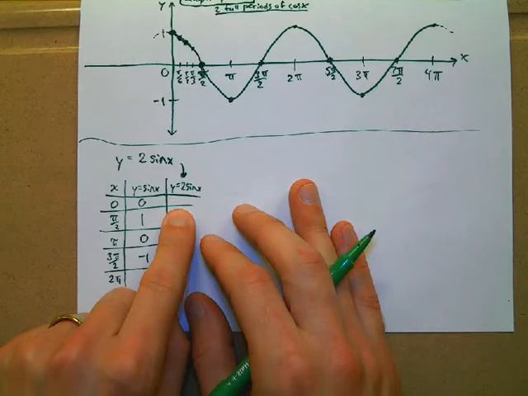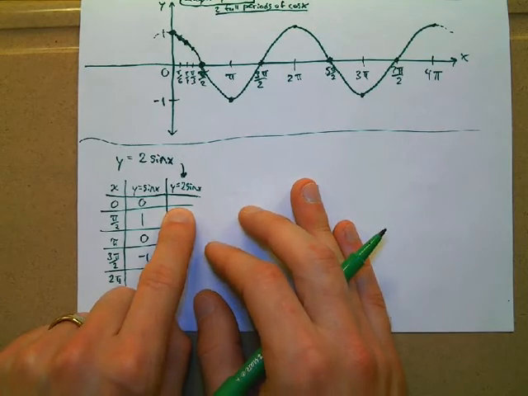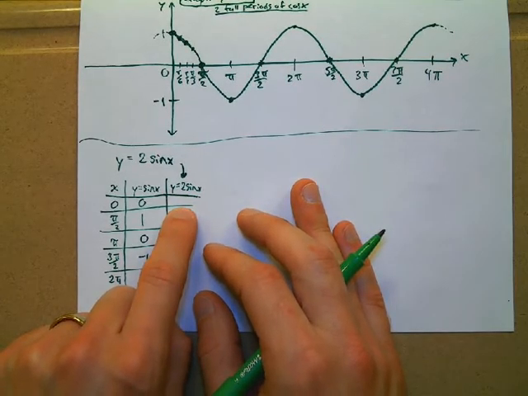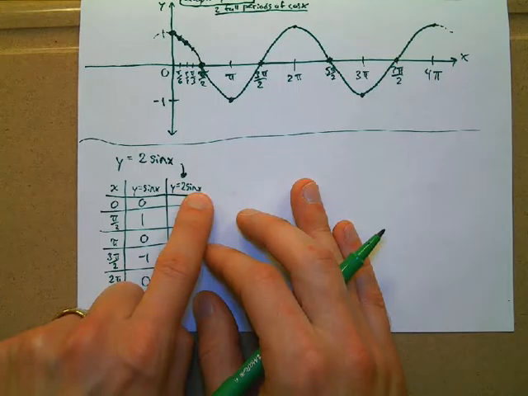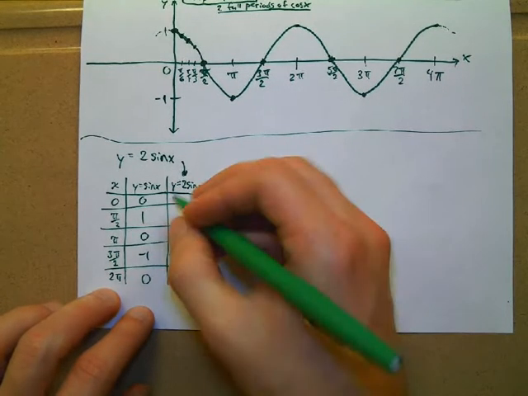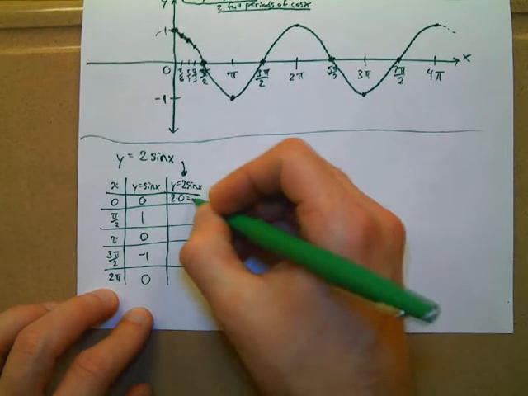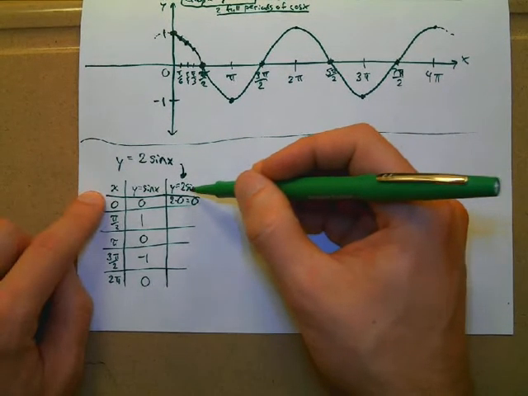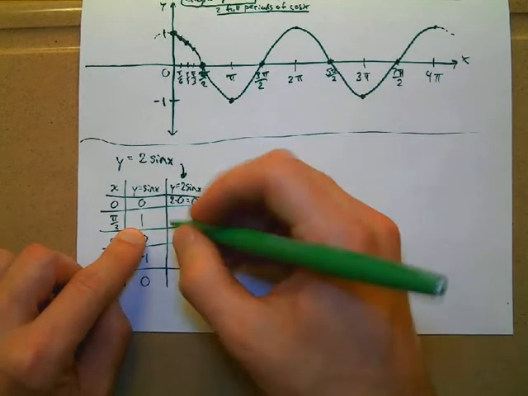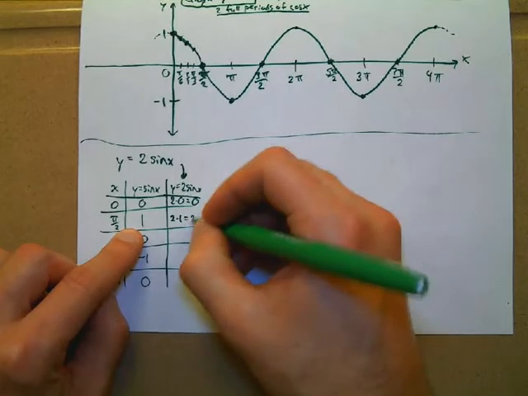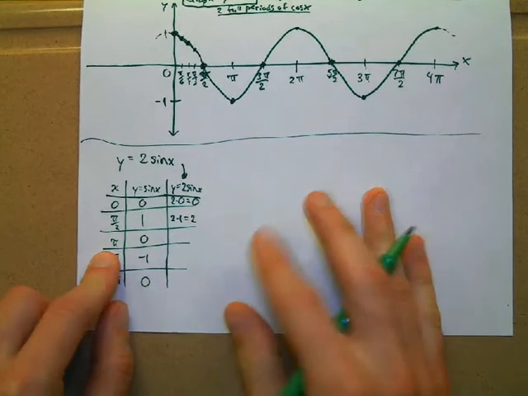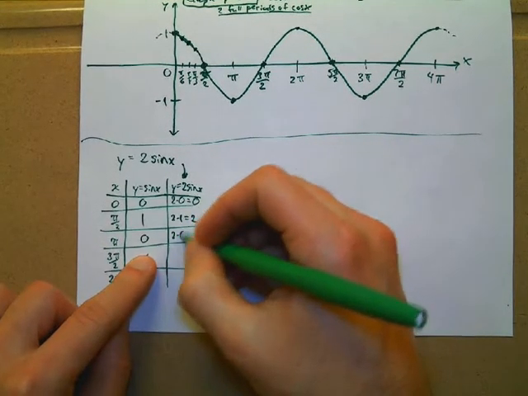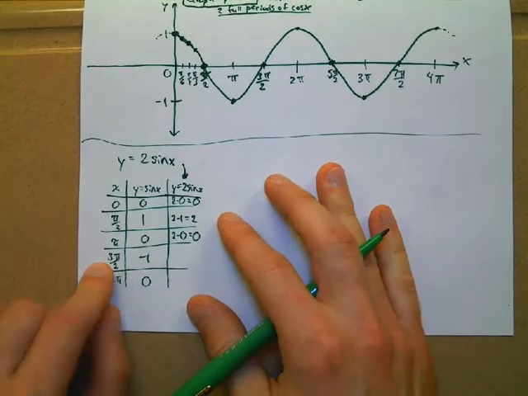Sine of pi over 2 is 1, but it'll be 2 times 1, so it'll be 2. Sine of pi is 0, so it'll be 2 times 0, which is just 0. And then sine of 3 pi over 2 is negative 1, so it'll be 2 times negative 1, negative 2. And then 2 times 0 again, 0. So then what's changed?